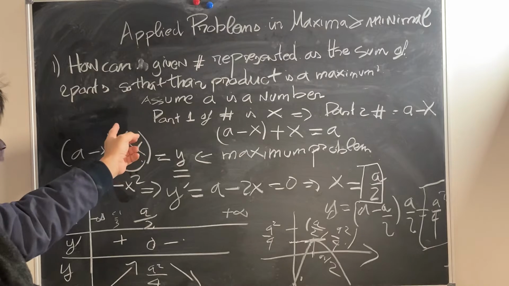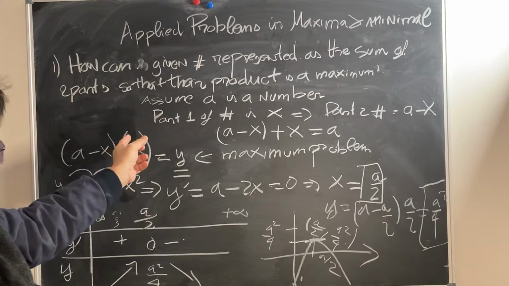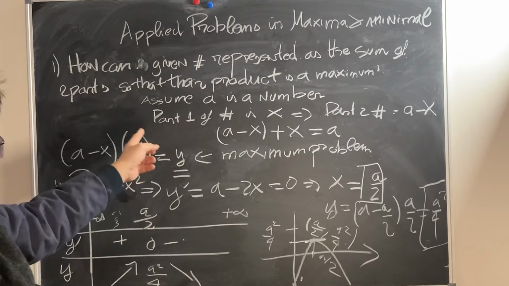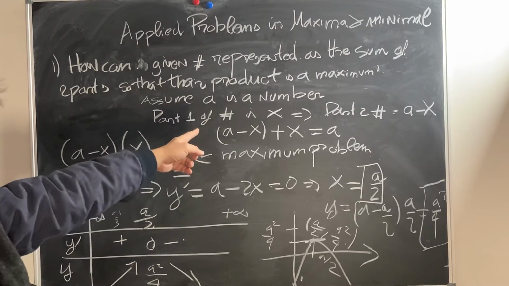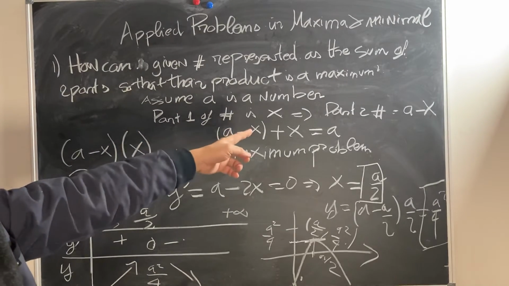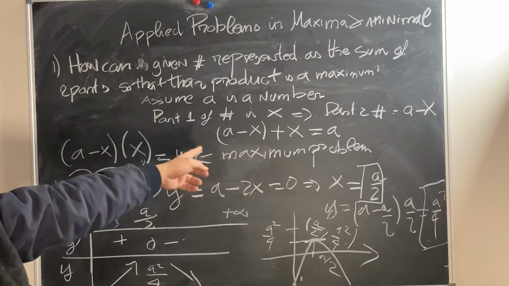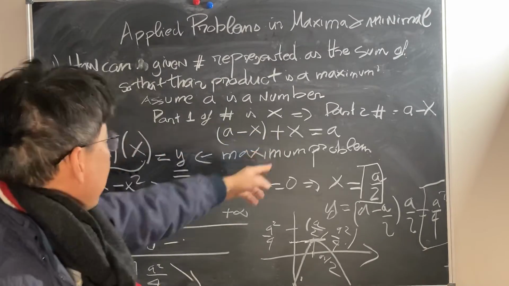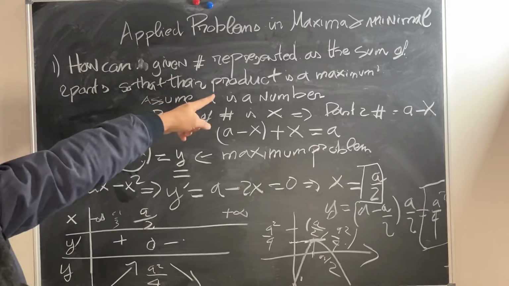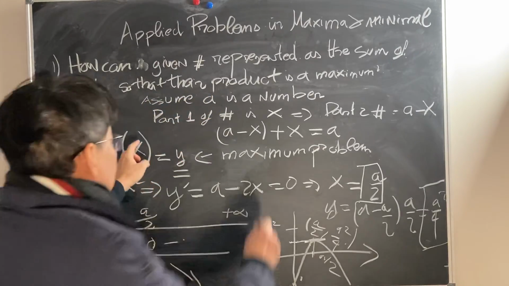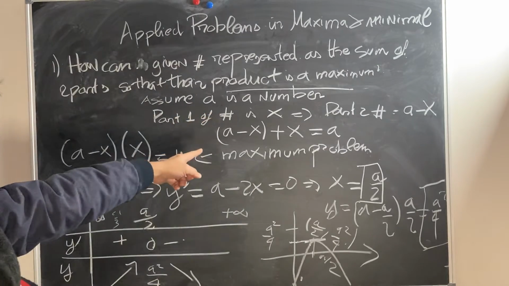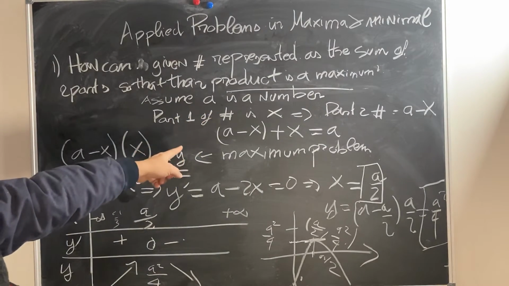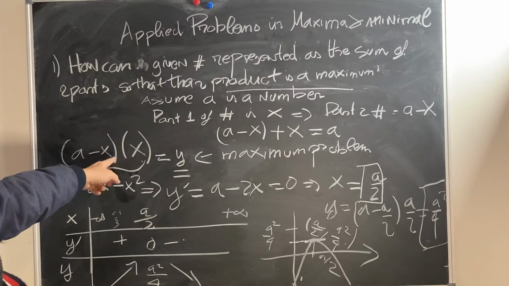Part 1 equals x, then part 2 must equal a minus x, since a minus x plus x equals a. Then you set up that the product is the maximum. So the product will be a minus x times x equals y.